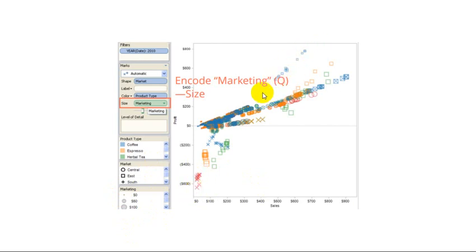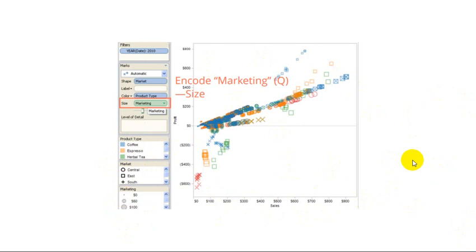And coffee is selling itself up here. Yeah, so a whole lot of stuff going on. Sales, profit, the product type, the market or geographic location, and how much is being spent on marketing. Five different variables going on in one plot, and fairly easy to read.